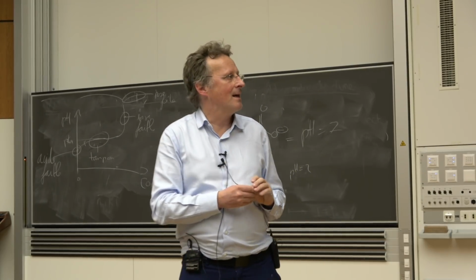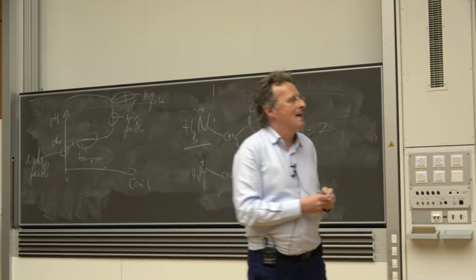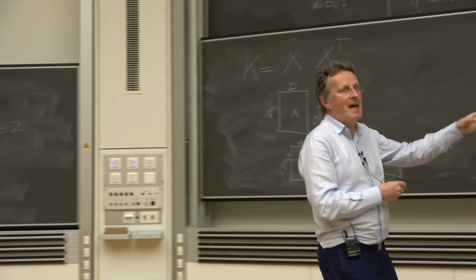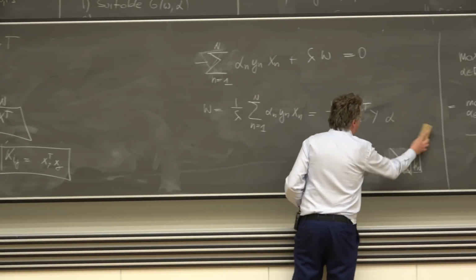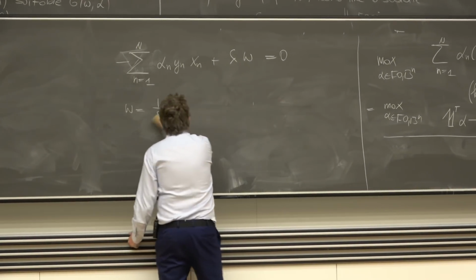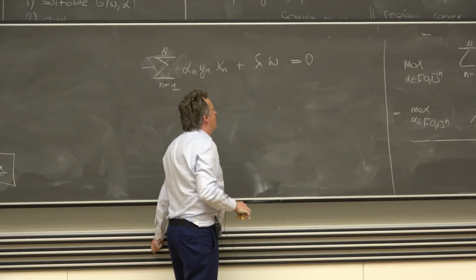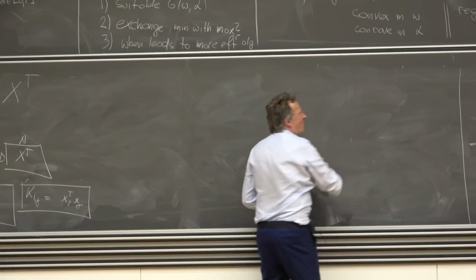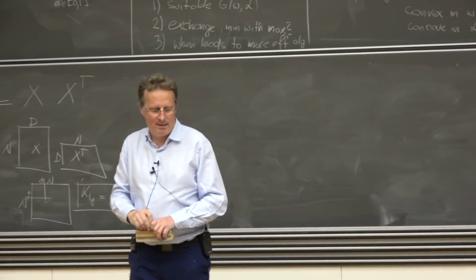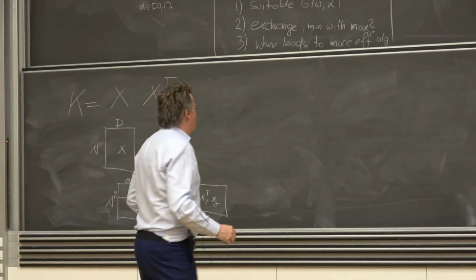What is still good to see is that this will give us an interpretation when we go back to this picture. Irrespective of whether we want to use this formulation or the other one, it will give us a nice interpretation, and will also tell us why this is called support vector machines. So let us go back to the picture that we had.